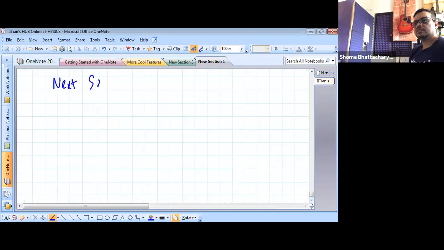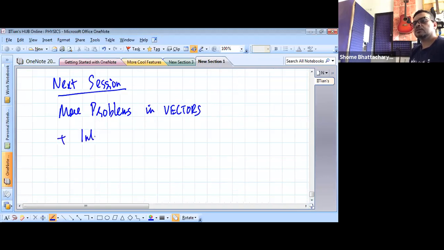So next session will involve more problems in vectors plus introduction to Newton's laws of motion.